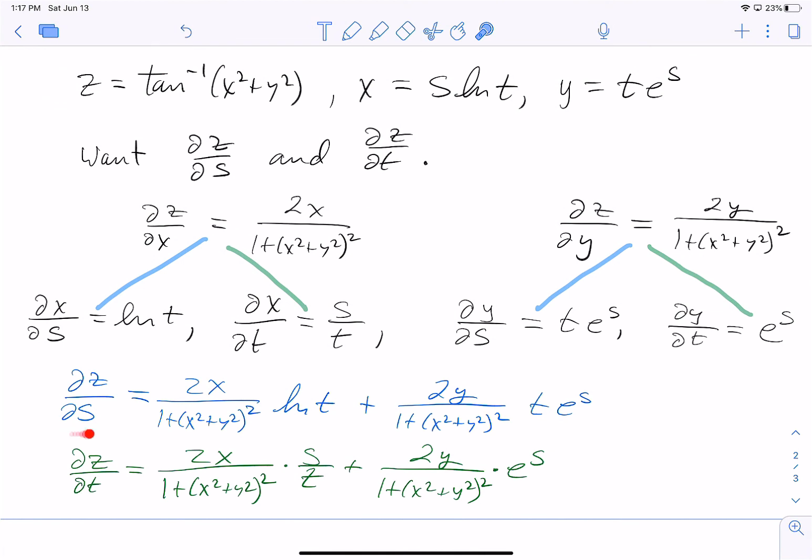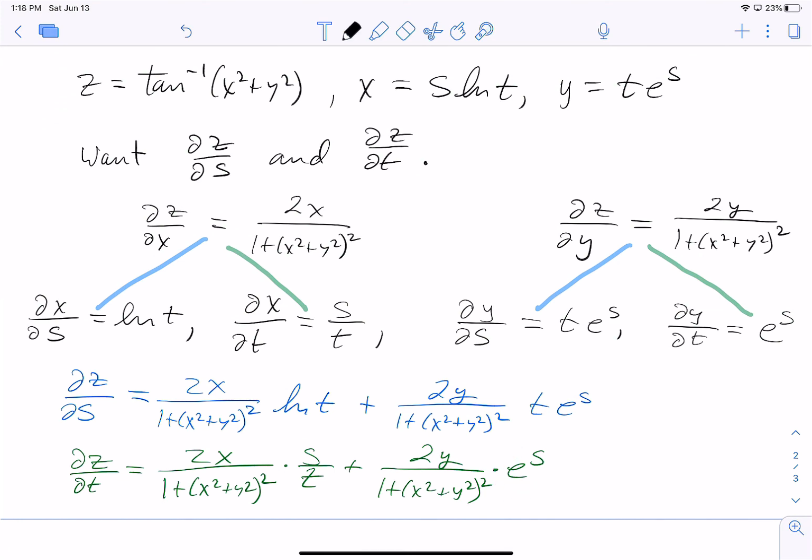Partial of z with respect to x is 2x over 1 plus the quantity of x squared plus y squared, squared, times the natural log of t, plus 2y over 1 plus the quantity of x squared plus y squared, squared, times t e to the s. And then the partial of z with respect to t has the same fractions with x and y, but then instead of natural log of t, s over t, and instead of t e to the s, e to the s.